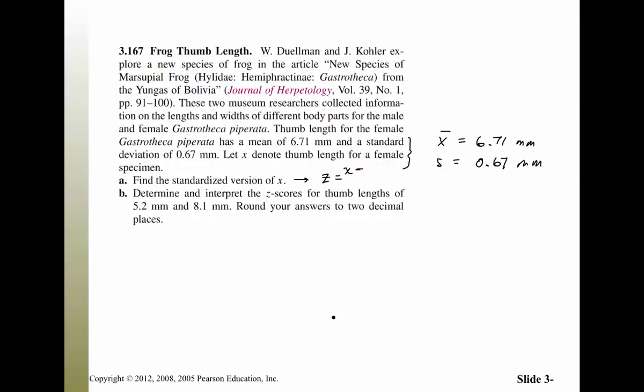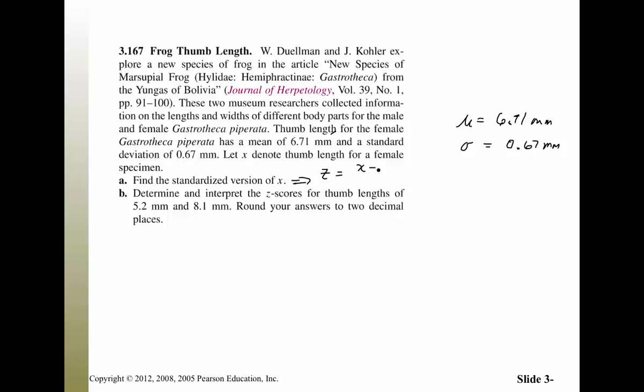So they're talking about this being mu, and this being sigma. So they've already run the numbers. They've taken lots of samples. They've crunched all the numbers, and they're saying this is our population data. Okay. So the standardized version of x is what I just told you. It is z equals x minus mu over sigma.